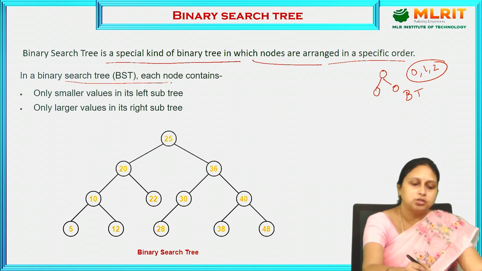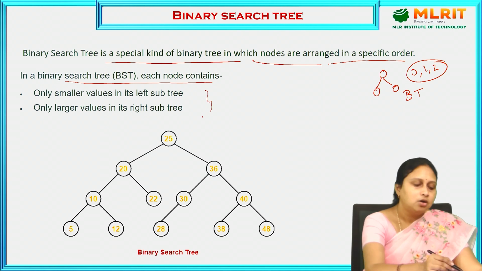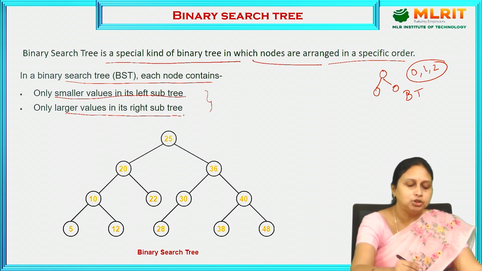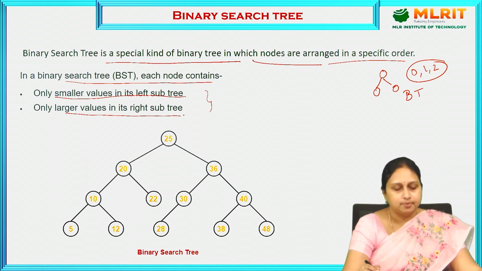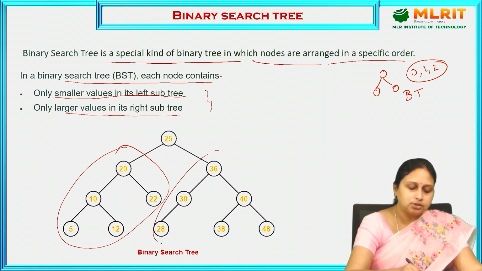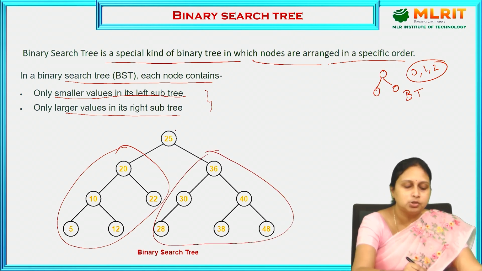In binary search trees, each node satisfies two conditions: only smaller values in its left subtree and only larger values in its right subtree. All the smaller values are stored in the left subtree and all the larger values are stored in the right subtree based on the root.